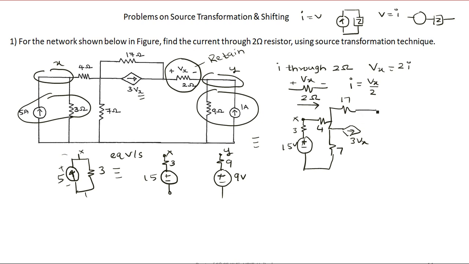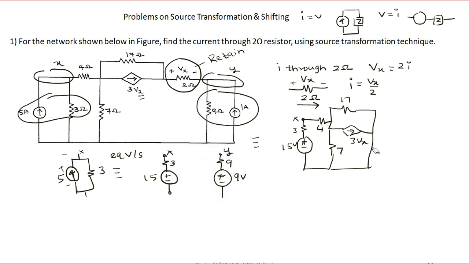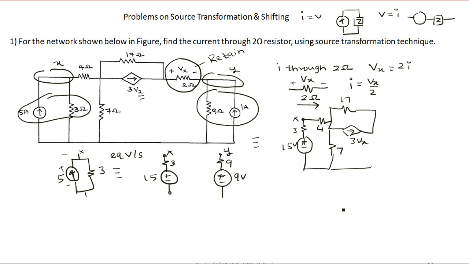Then we have a 2 ohm resistor, and here we have this point Y. At this point Y, we need to replace it with 9 ohm followed by this 9 volt source.